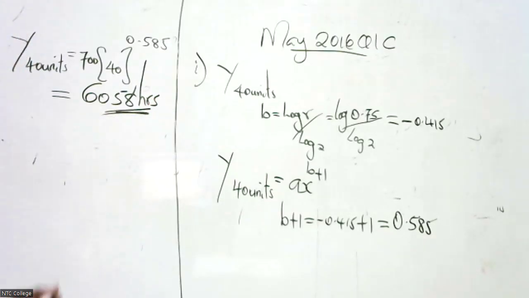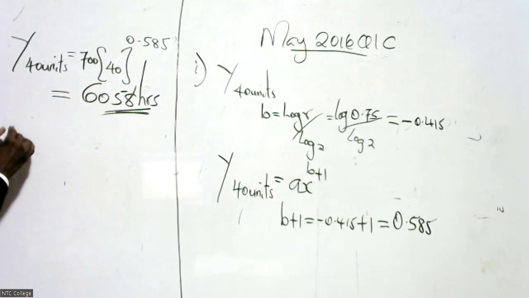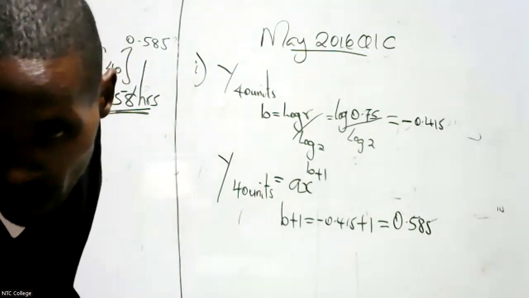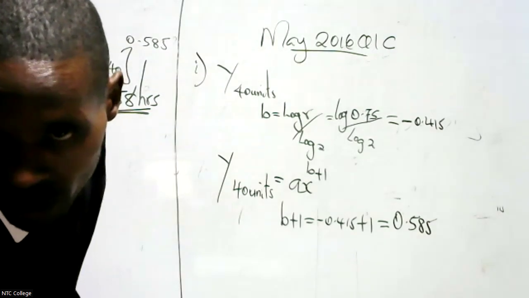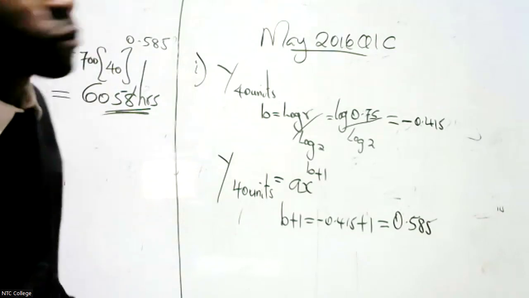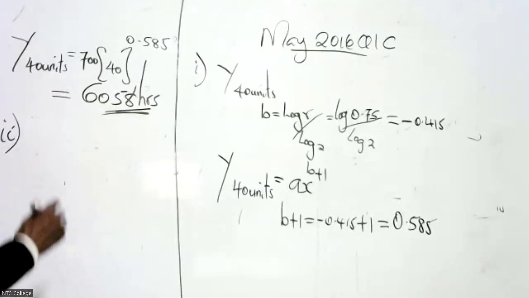Number 2, Roman 2, average time. How many hours did you get for average time? Carol, how many? Did you use the formula or the literal way?